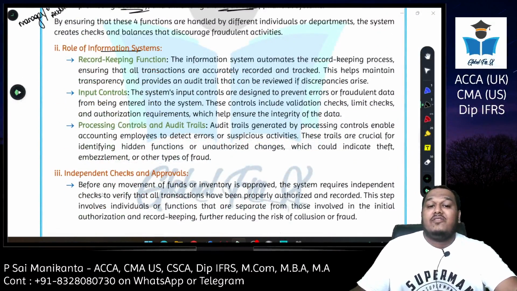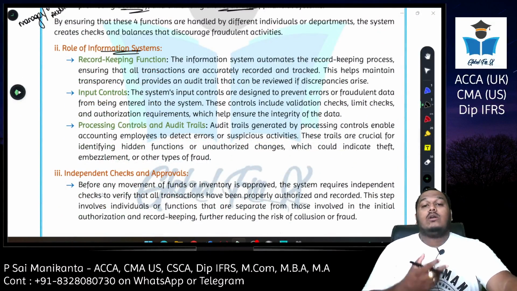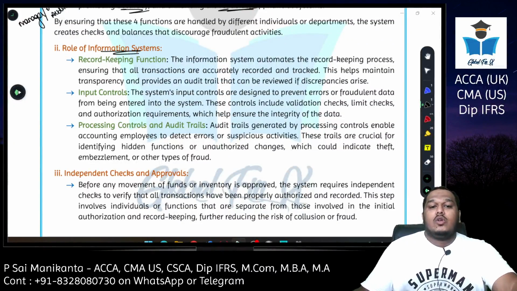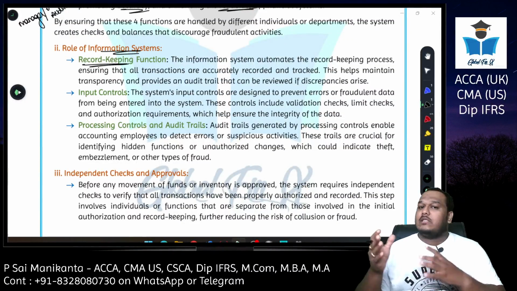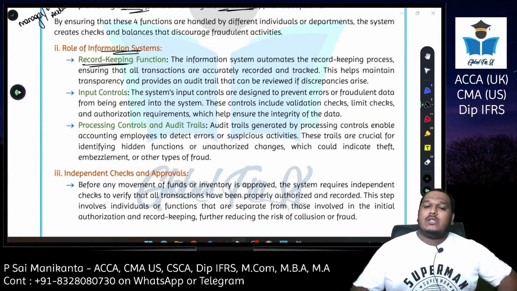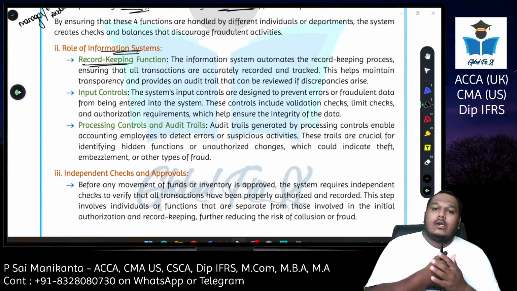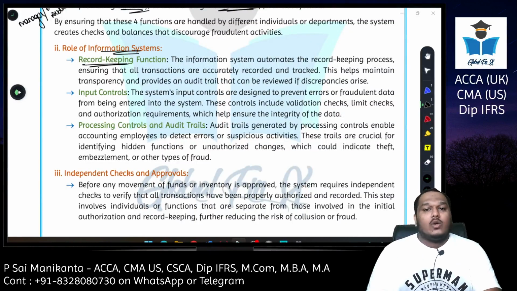Now what is the role of information systems in this entire accounting process? What role do computers play in this? First one, record keeping. Instead of manual bookkeeping, record keeping is now automated using computer systems. For example, you go to a supermarket, they scan your item, and the product details are automatically entered through the barcode reading system.